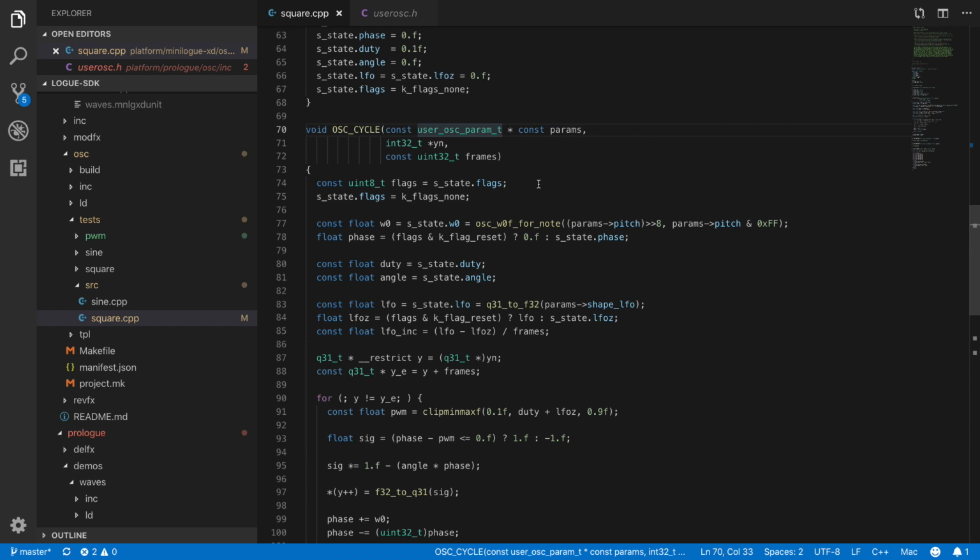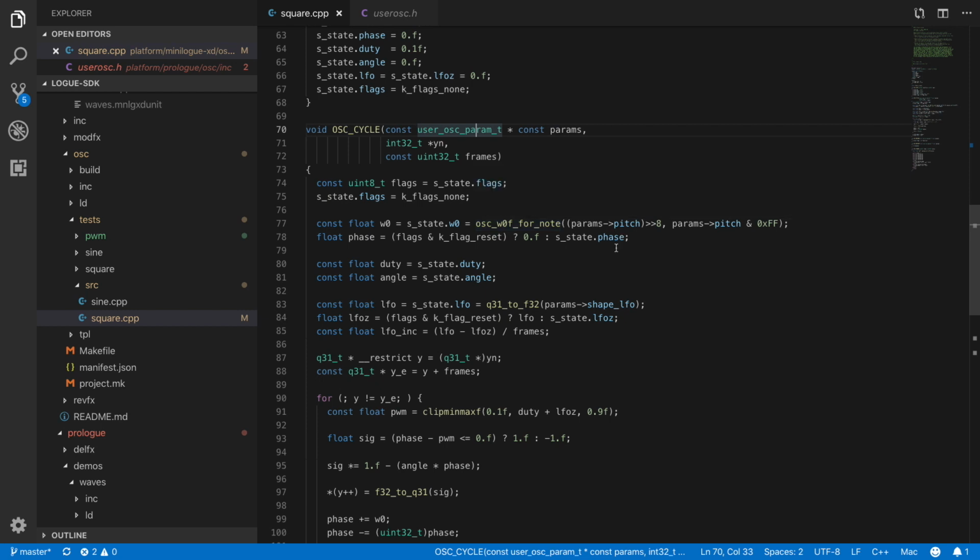Now, if we look into this specific function here, you see the documentation says get a floating point phase increment. So we get a phase increment for a given note and some modulation, that's the defined part of the pitch, in the range of 0 to 151 and the modulation in the range of 0 to 255.